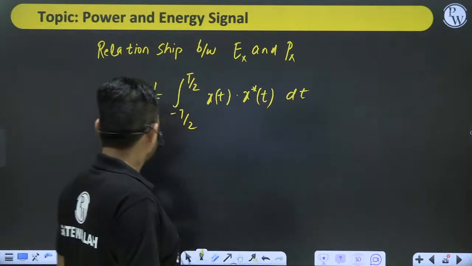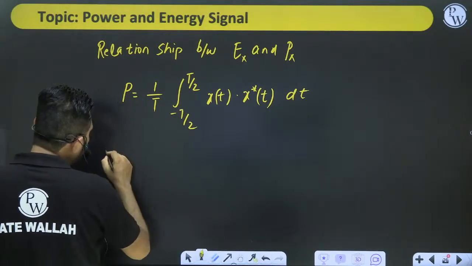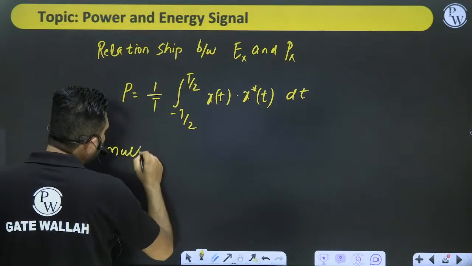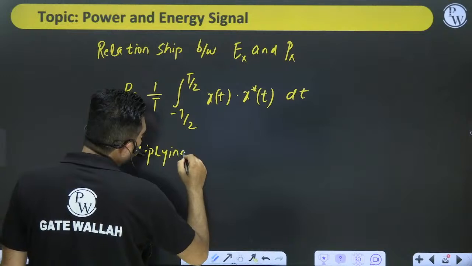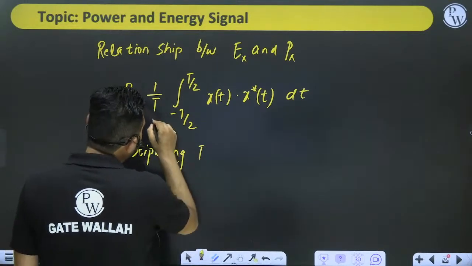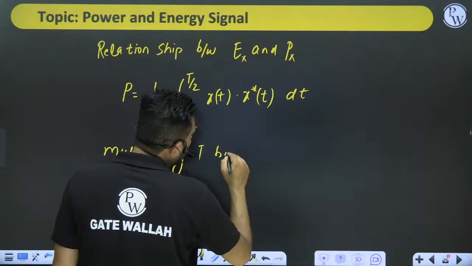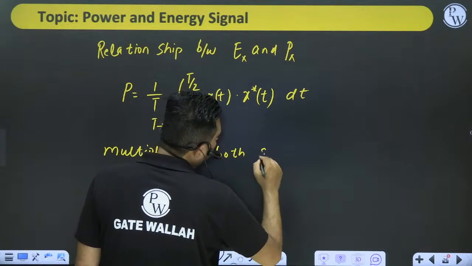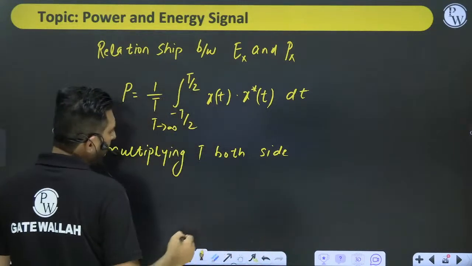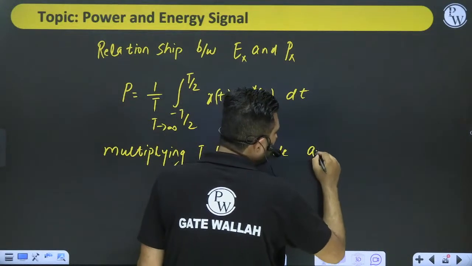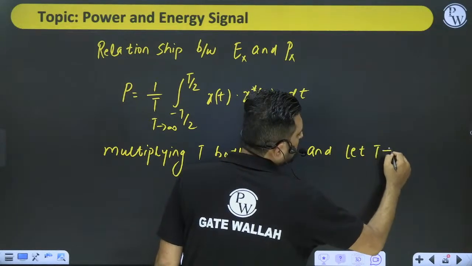And P into T, what I'm doing is multiplying T on both sides, and let T tend to infinity.